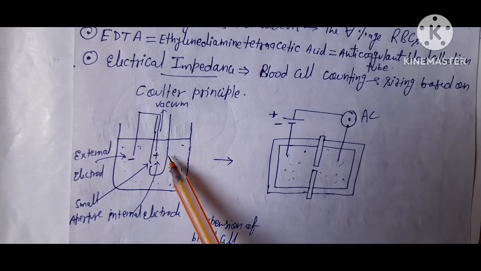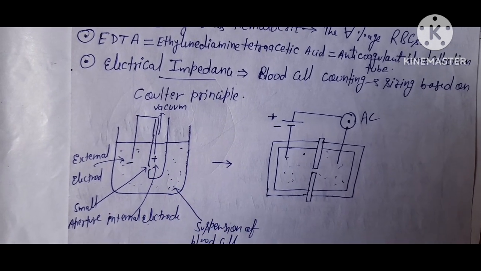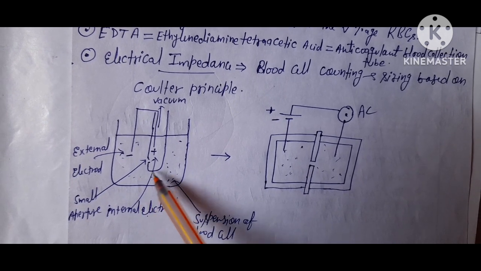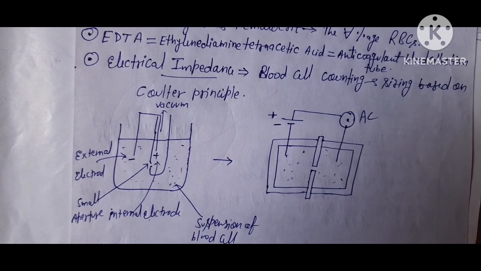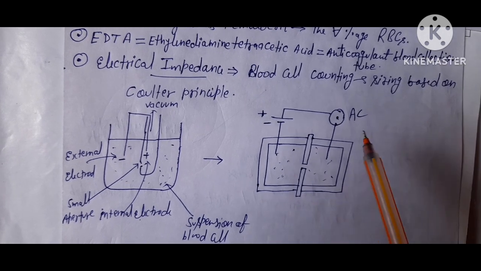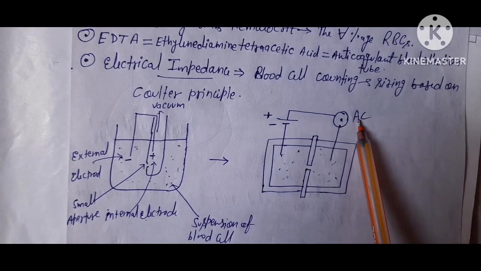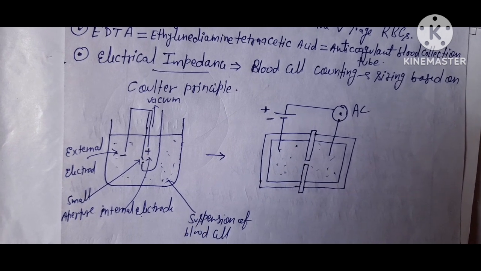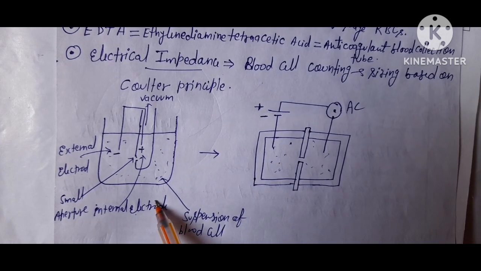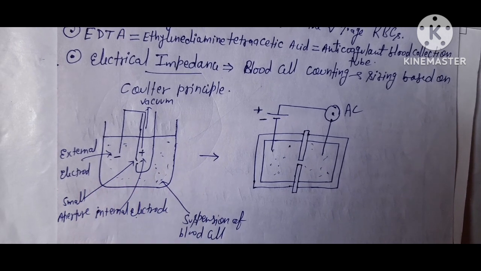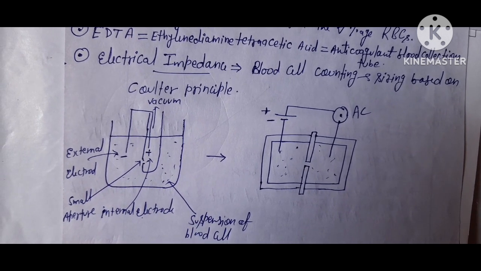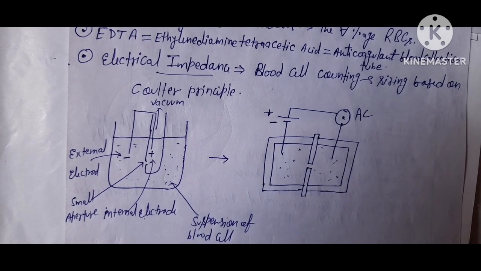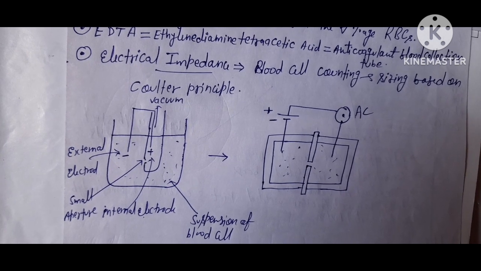You see here, this is a glass tube which has a small aperture like this, and AC current is generated between two electrolytes. When a cell passes through the aperture, the flow of current is impeded and a voltage pulse is generated.